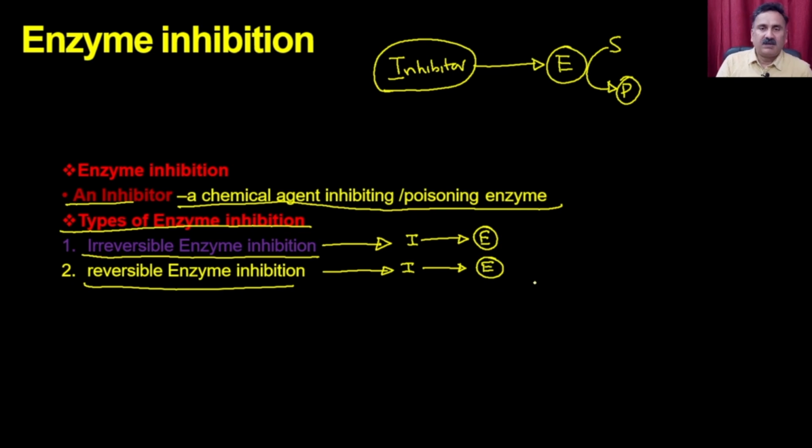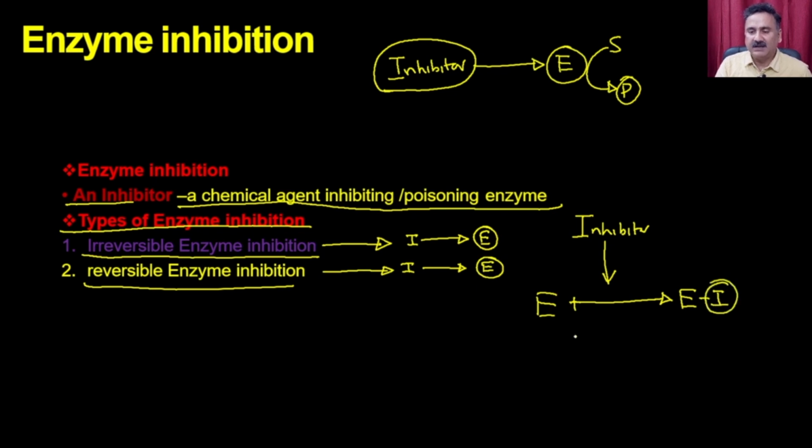So the first question is, suppose you have designed an inhibitor and tested it on the enzyme, and you find that it forms a complex with the enzyme. When the enzyme is active, it converts the substrate into the product, but when the enzyme is inhibited, it is not able to convert the substrate into the product.